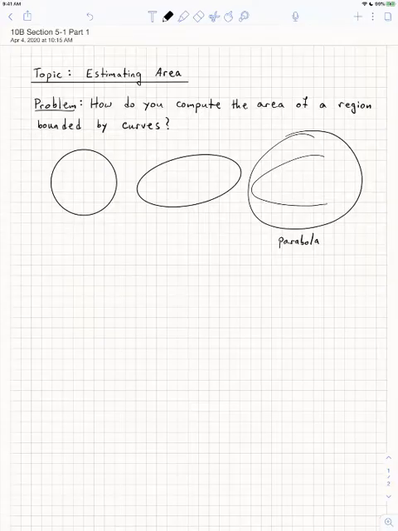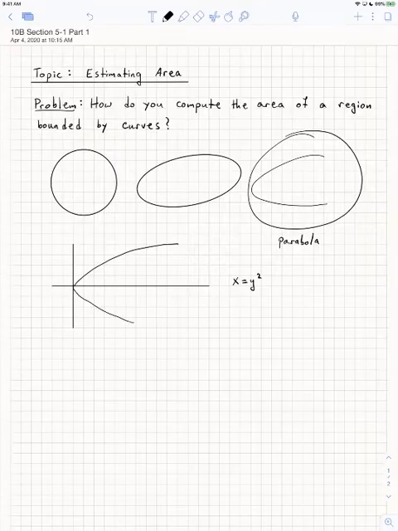Let's start with perhaps the simplest parabola, which is the parabola having equation x equals y squared. Now, if we attempt to graph this parabola, it'll look something like this. And when I say I want to compute the area bounded by a parabola, I have to have some starting point and some ending point.